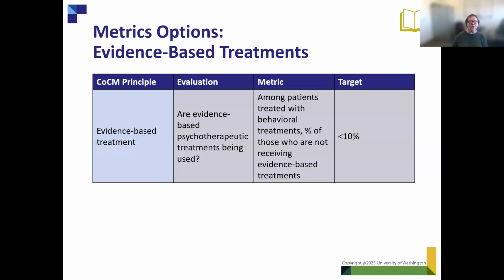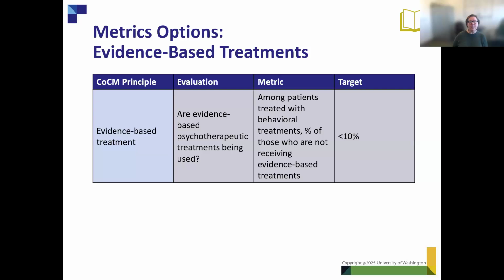Okay, so the fourth principle is evidence-based treatments. This is perhaps one of the more challenging metrics to track, but it can be important, especially if the behavioral health care managers that you have are accustomed to providing longer term or open-ended therapy.